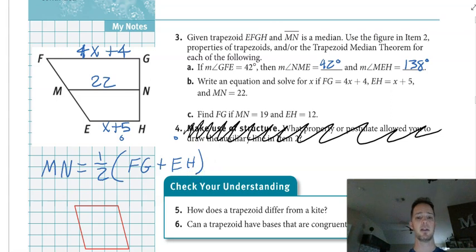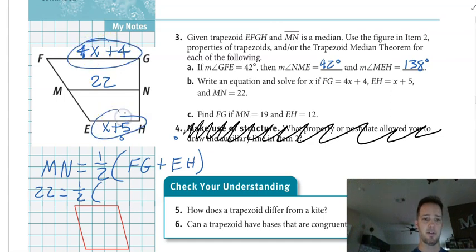So I should be able to substitute in here MN equals 22. Adding 4x plus 4 and x plus 5 together, I get 5x plus 9.